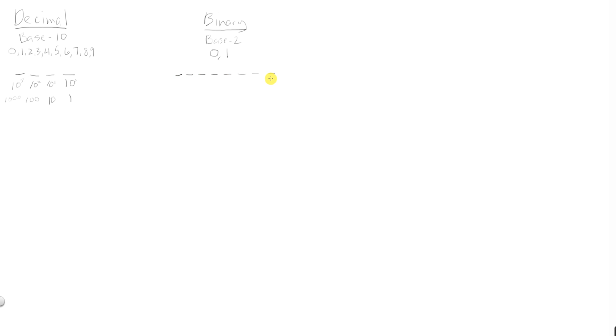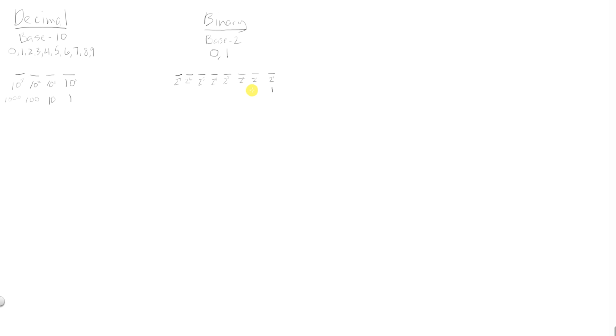And they're laid out the same way because it's a base 2 numbering system. So this is 2 to the 0. This is 2 to the 1, 2 squared, 2 cubed, 2 to the 4th, 2 to the 5th, 2 to the 6th, and 2 to the 7th. And so what do these represent?